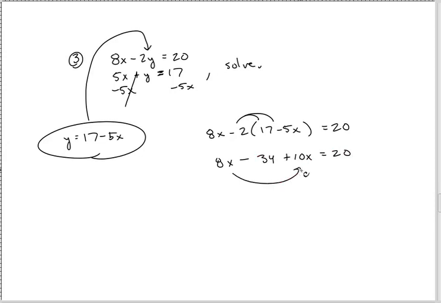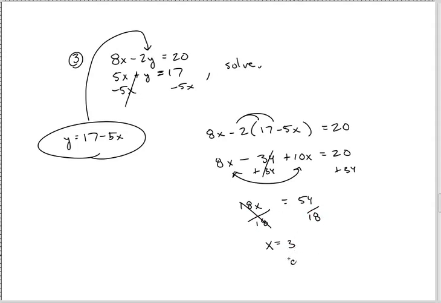Combine like terms, these make an 18x. I'm going to add 34 to both sides to make 54. So 54 divided by 18 is 3. Again, sometimes you get fractions, but it would be much more rare.